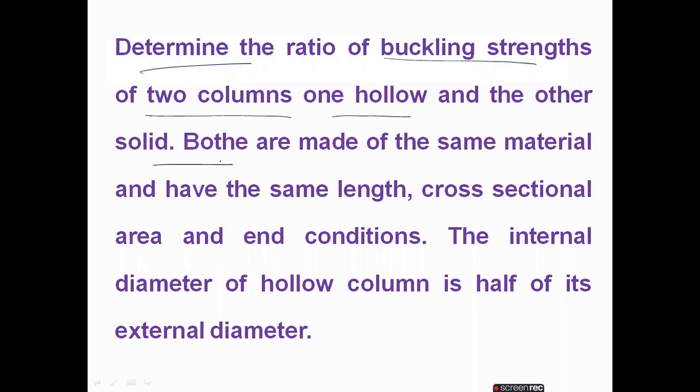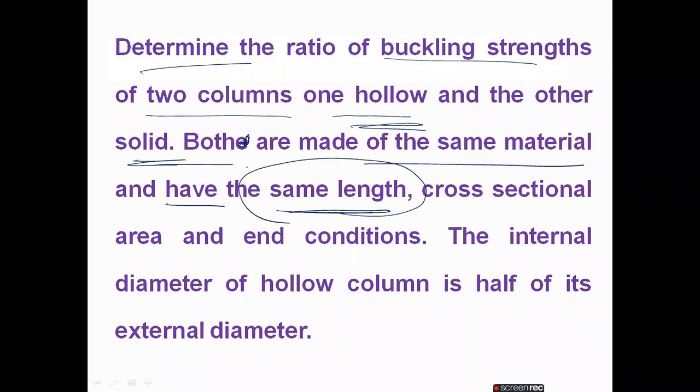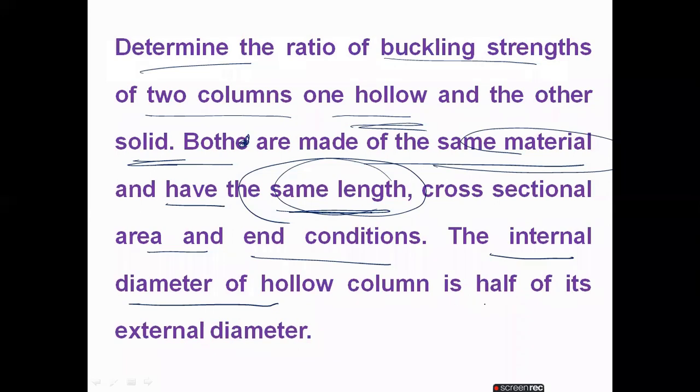Both are made of the same material and have the same length, and the cross-sectional area and the end conditions are all the same. Now, the internal diameter of the hollow column is half of its external diameter.